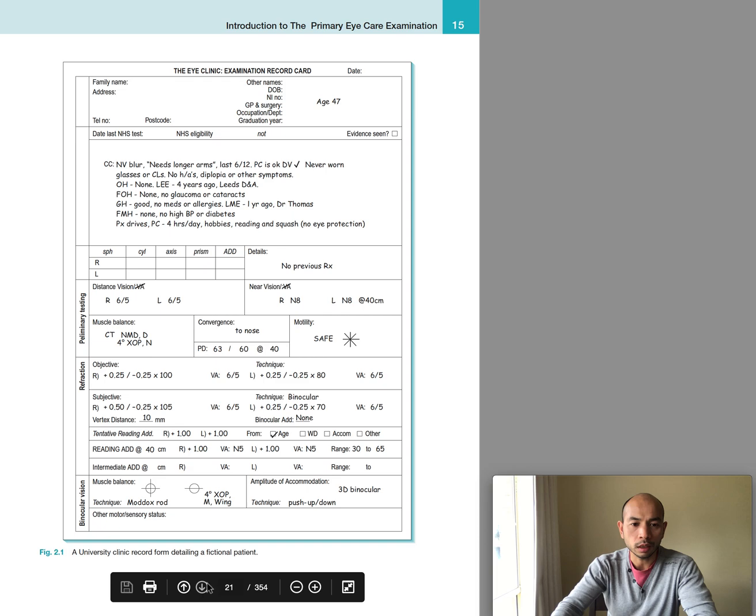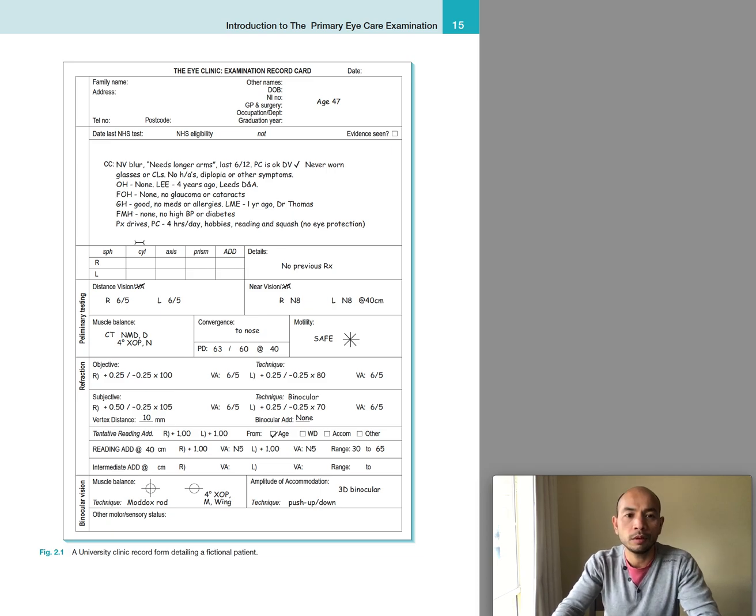And this is the clinical record of a fictional patient here. So we've got the chief complaint at the top there, ocular health, family history, general health, family medical history, and whether the patient drives or not. And then you do your preliminary testing, which includes your distance vision, aided or unaided, and near vision, aided or unaided.